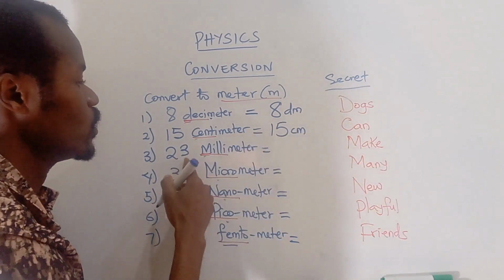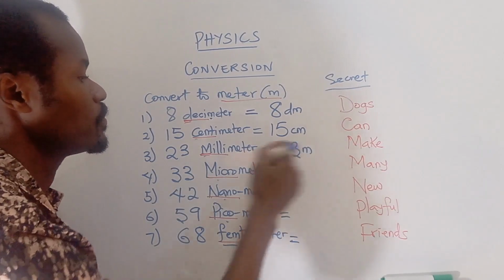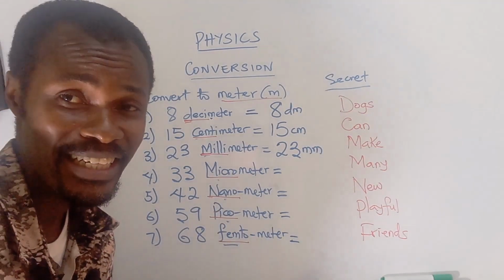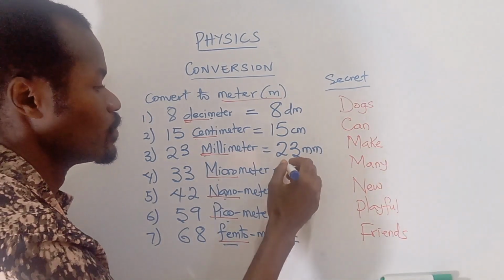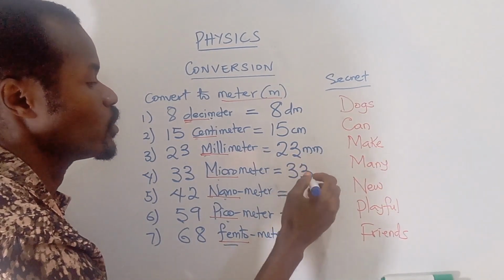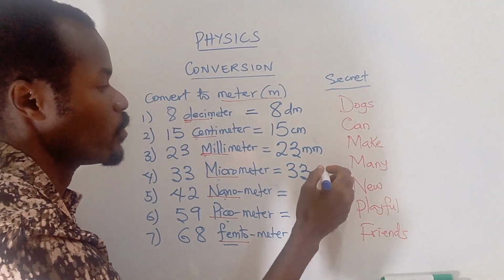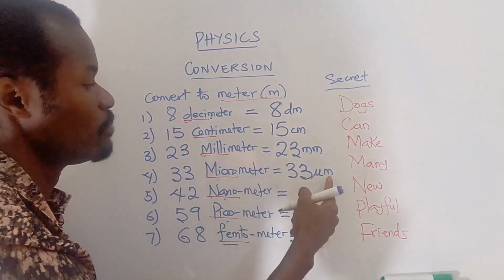M for meter. 23 milli M and what? Meter M. Now, but for 33 micrometer, we can't use M like we used here. So there's a change in symbol which looks like this, like U. Then we have meter. So this is micro for this symbol and we have meter.